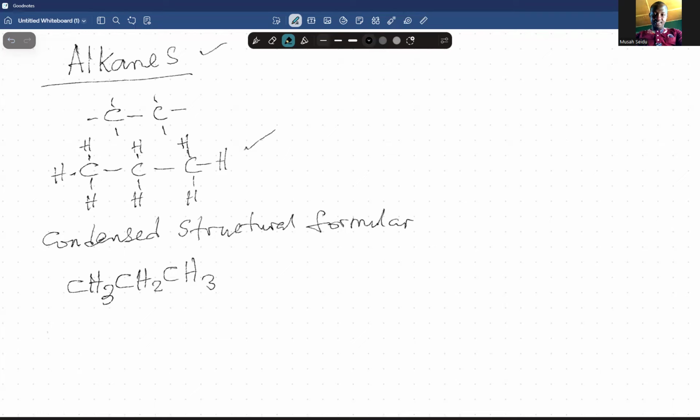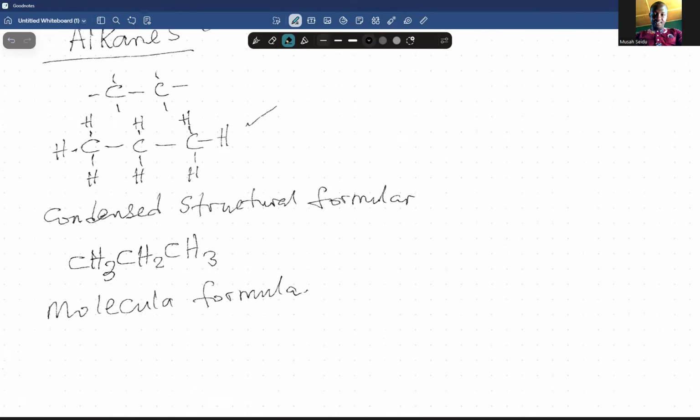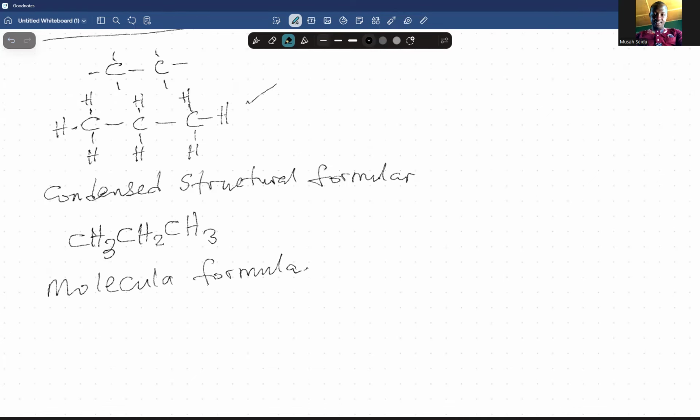Now, I can also write the molecular formula. I need to know how many carbons I have in total. I can count it from the structural formula, or from the condensed structural formula.